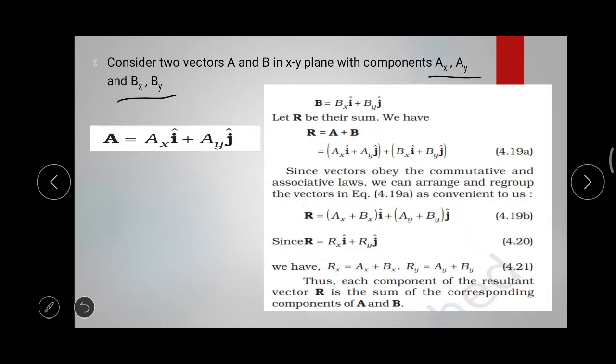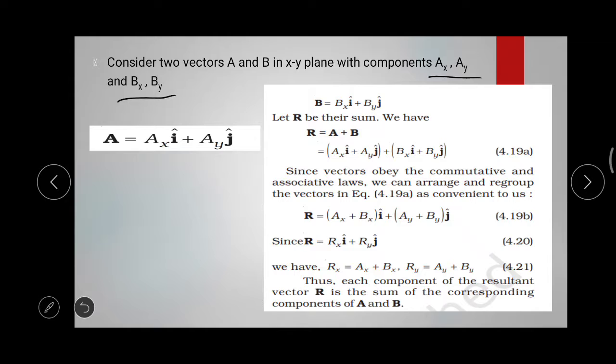Now we will discuss the analytical method of the vector addition and subtraction. So two vectors we are having, one is A and another one is B, where the x and y components of vector A are Ax and Ay, whereas the x and y components of vector B are Bx and By.